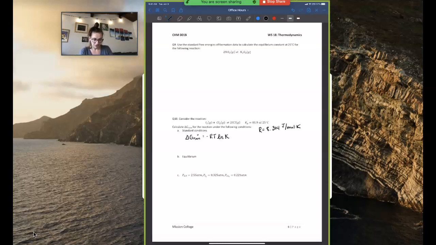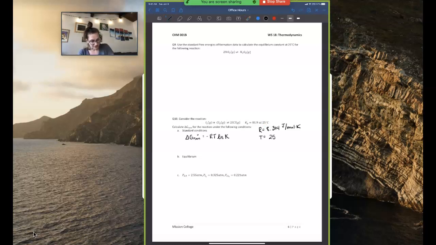So that's the one you would want to use, and it's important to recognize that because a lot of times Gibbs free energy is given in kilojoules. So when we calculate it though, if you're using that R constant, then your answer would be in joules and you'll need to convert it into kilojoules later. Also, temperature needs to be in Kelvin, and so this says that we are at 25 degrees Celsius, so we're going to add 273.